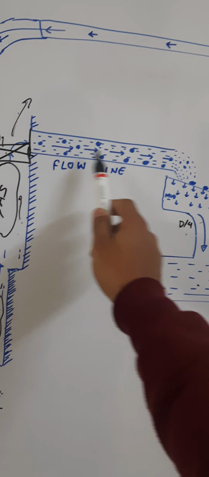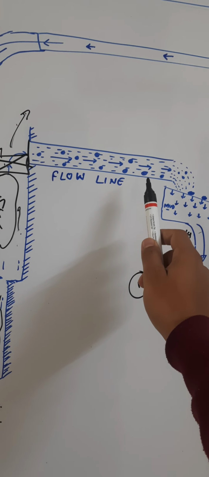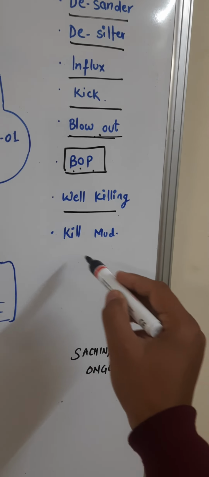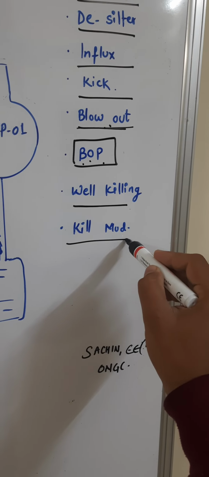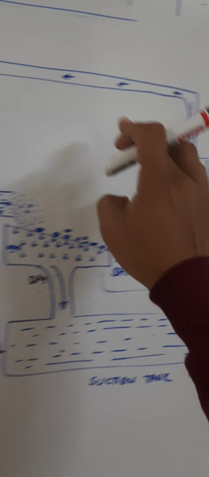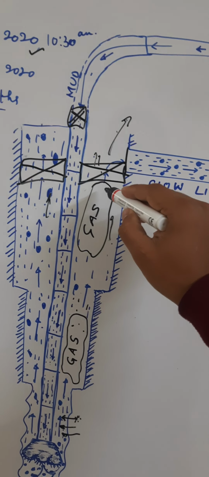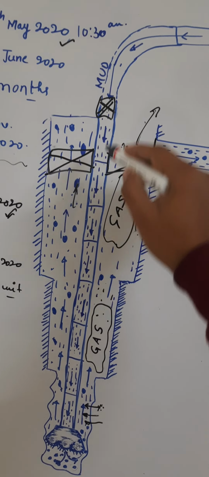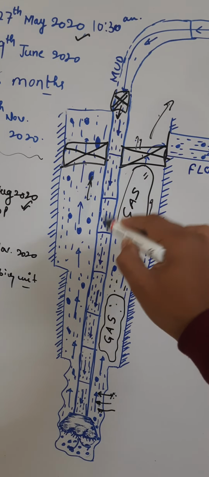This is the mud circulating, the normal drilling mud, but some heavy mud, and that heavy mud is called kill mud. This kill mud is pumped into the system.